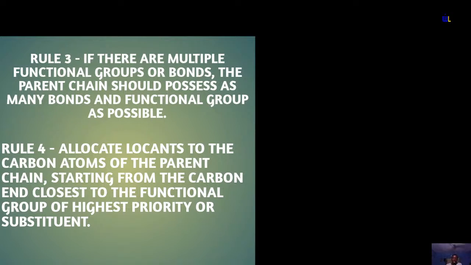I'm going to have to explain that for you to understand this. Let me explain this. I will draw my carbon chain and help you understand this. Okay, we have this.